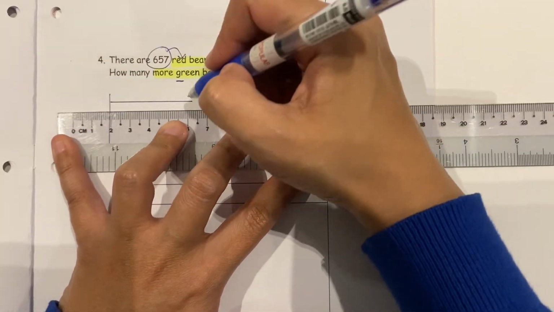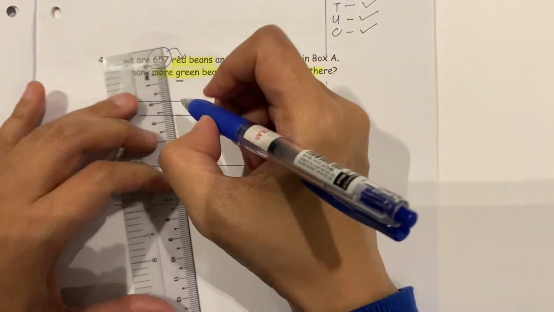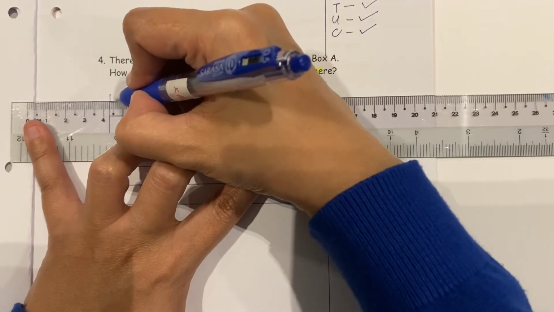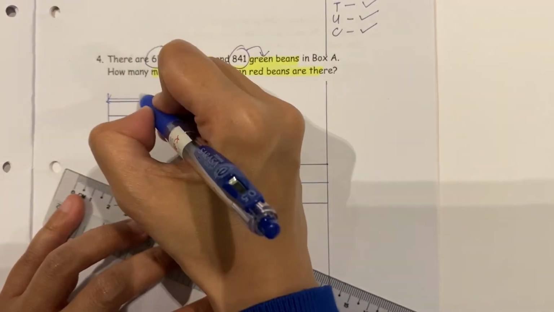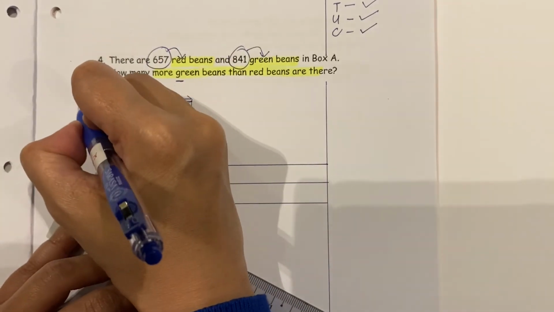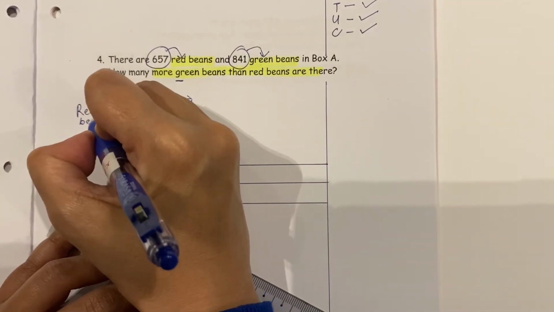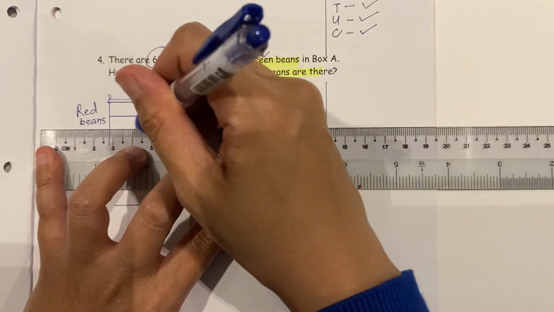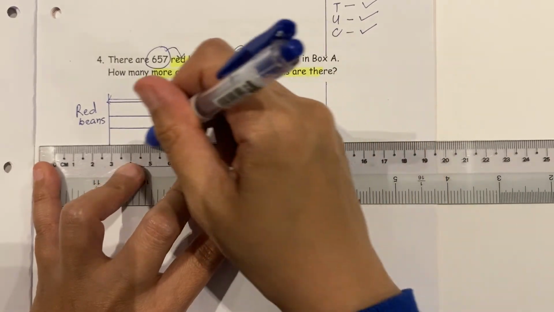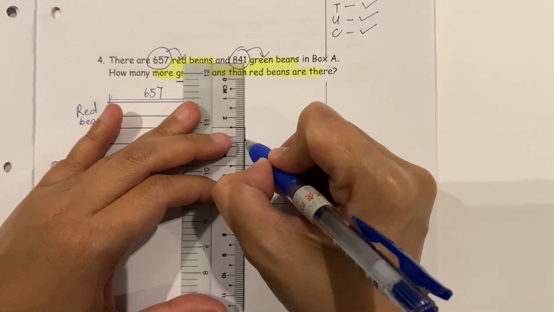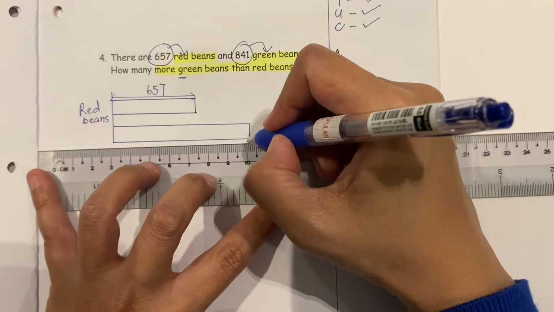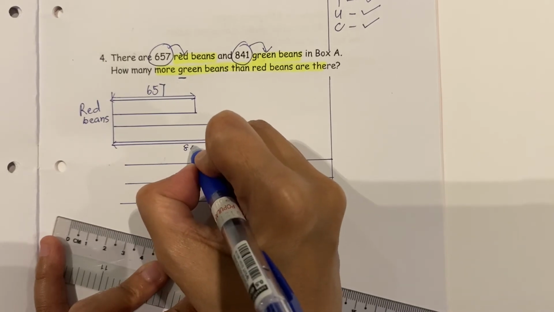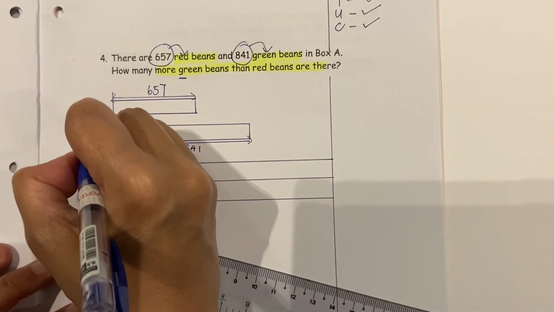Now my red bean should be shorter because it's only 657. So here I will just write down 657 red beans. Okay, then I have to draw a longer model for green beans because you have a total of 841 green beans.